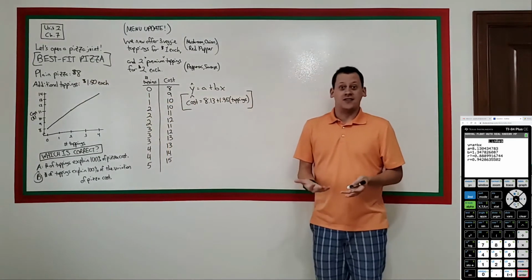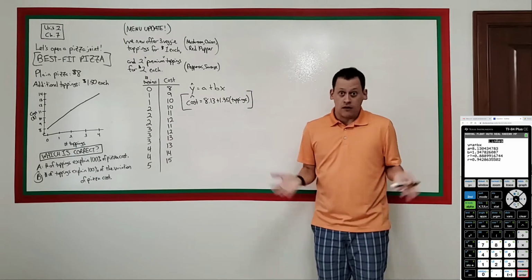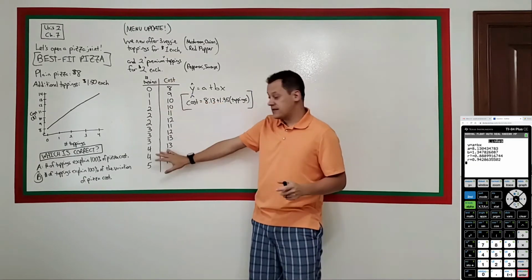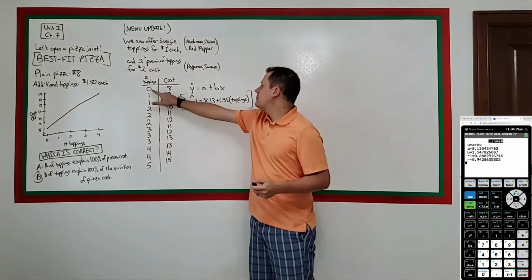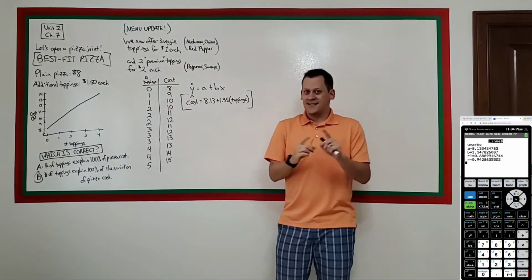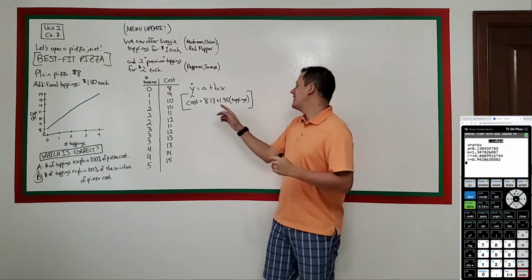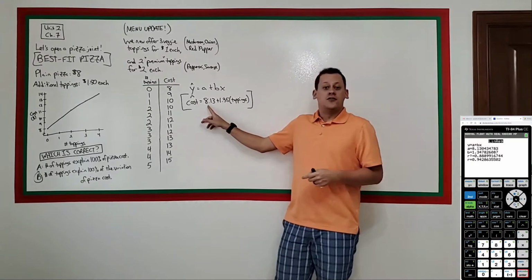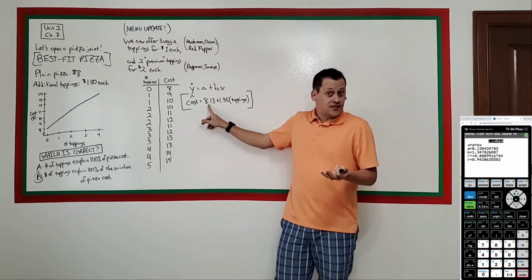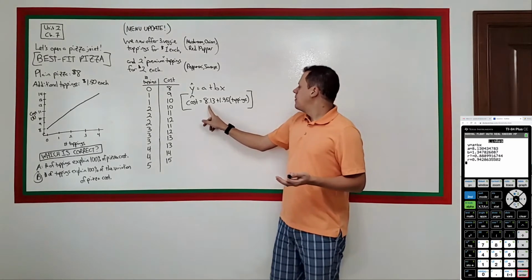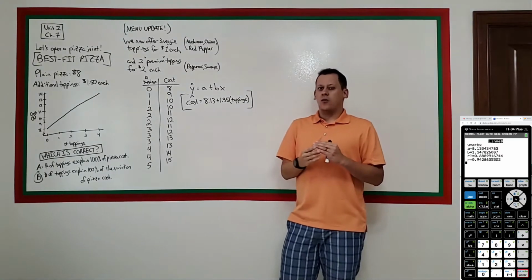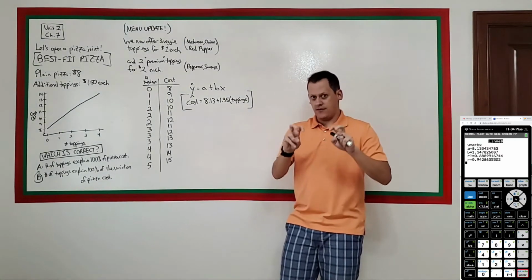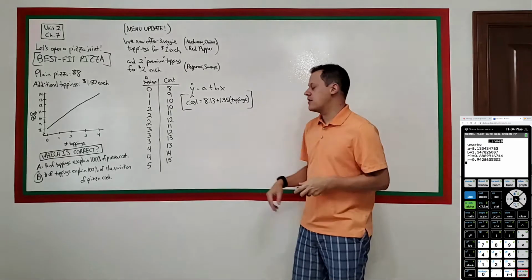But the calculator doesn't know. It's never been to Best Fit Pizza. All it knows is this. And yes, there's a point at 0, 8, but the line isn't necessarily going through that point. It's actually going to be a little higher. So it's not too far off. It's only 13 cents too high. But that intercept isn't exactly where it should be, based on what we know. Calculator doesn't know that, though.